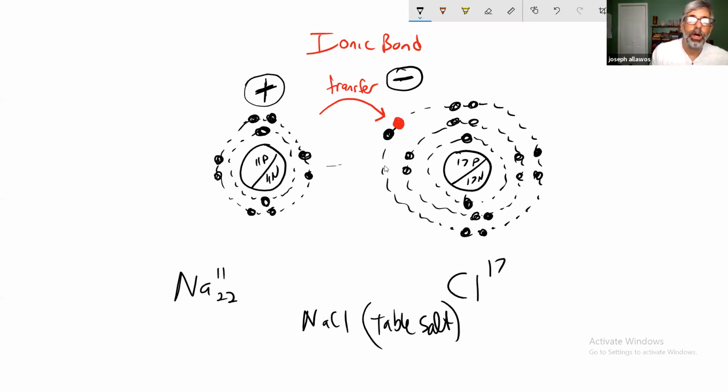And so what holds sodium and chlorine together is this mutual attraction of the positive and the negative. And that's an ionic bond. It's a really good example of an ionic bond. It's a bond by the transfer of electrons from one atom to another. Okay?